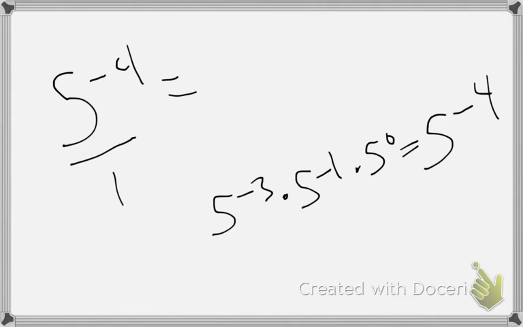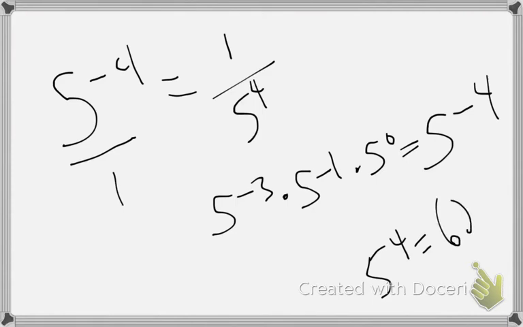So that if I flip it upside down, take the reciprocal in some way, the 1 ends up on top, and my negative goes away. And then I could type in my calculator, what's 5 to the 4th power? And it'll say, let's see here, 5, 25, 125, 625. So then my answer is going to be 1 over 625.